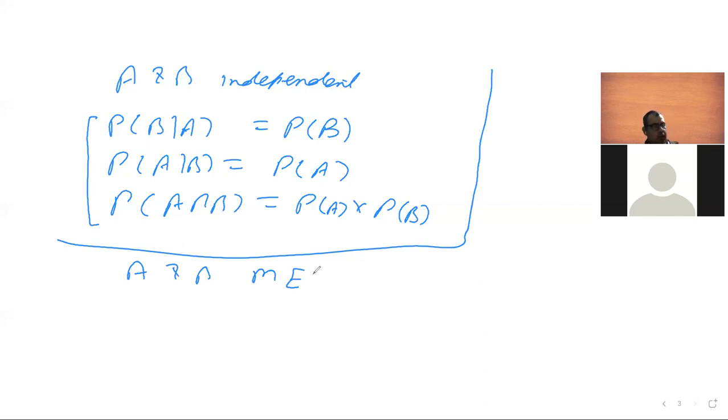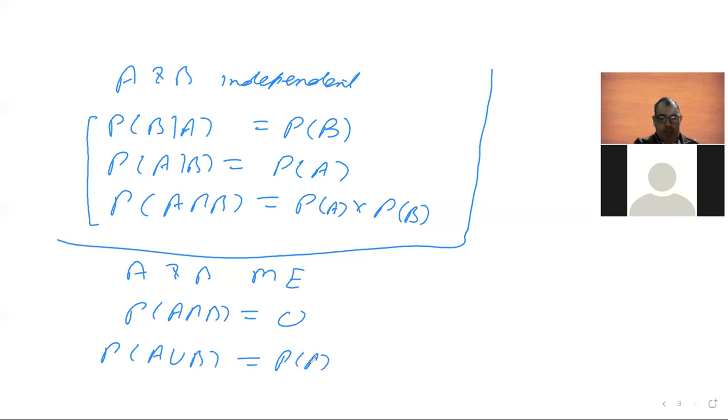Yeah, so which means that P(A intersection B) is equal to 0, or if you prove P(A union B) is equal to P(A) plus P(B) minus P(A intersection B). So if you prove either of them or both of them, you will conclude that A and B are mutually exclusive, right?